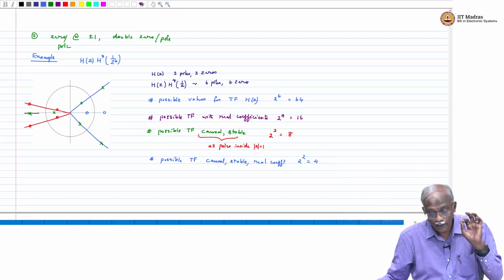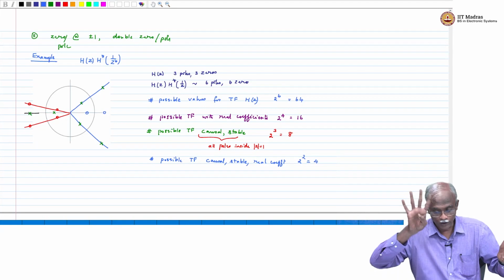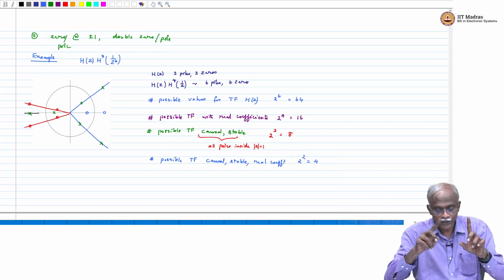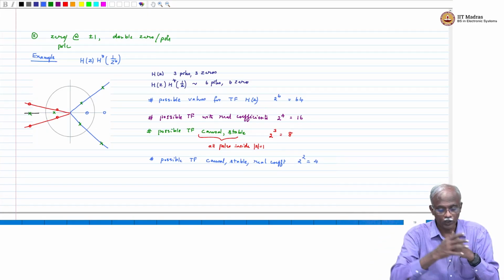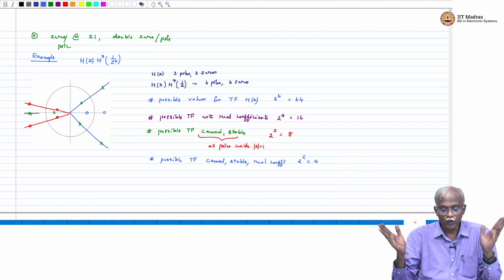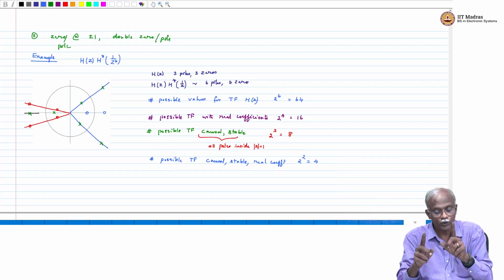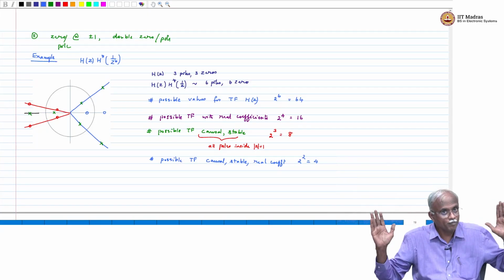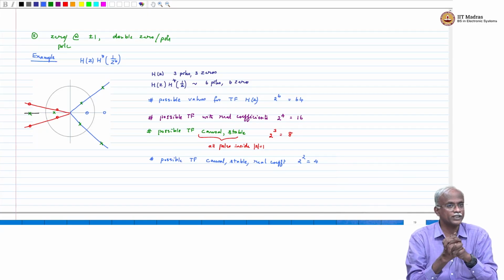Now, what are we saying? I gave you a magnitude squared transfer function with a total of 6 poles and 6 zeros. If at every choice you take either the zero inside or the one that is outside at the reciprocal conjugate location, you will get a total of 64 transfer functions which will satisfy this magnitude squared transfer function. Something that you may not have thought about. So there are many transfer functions which are satisfying the same magnitude squared transfer function.